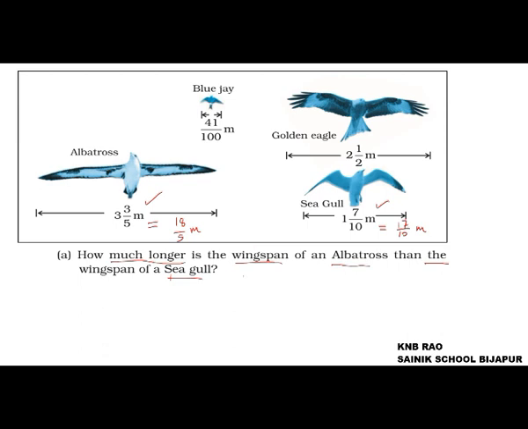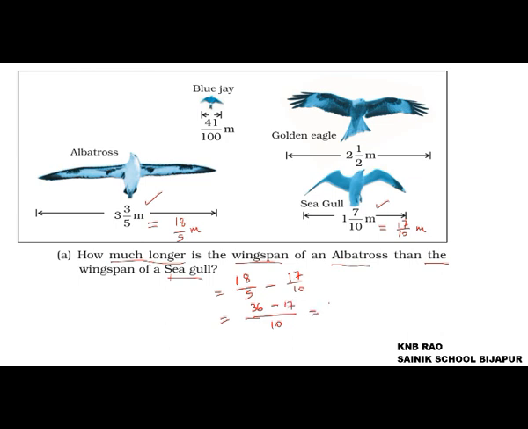Now how much is longer? That means we are asked to find the difference. So here we have to take the LCM first. LCM of 5 and 10 is 10. Here 18 by 5 becomes 36 by 10, minus 17 by 10, which remains as it is.